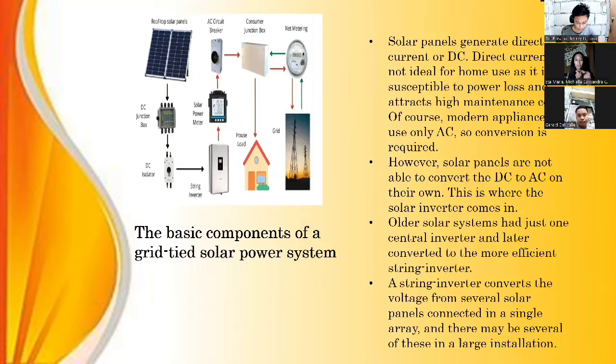Older solar systems had just one central inverter and later converted to the more efficient string inverter. A string inverter converts the voltage from several solar panels connected in a single array, and there may be several of these in a large installation. So, sa solar panels kasi, yung nagja-generate galing sa sunlight is yung direct current lang. Hindi gumagana yung direct current sa mga appliances.